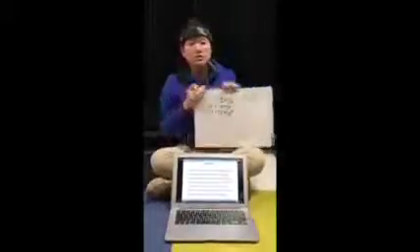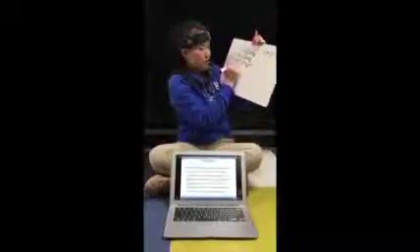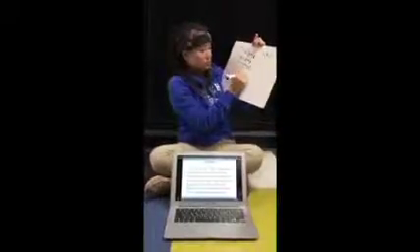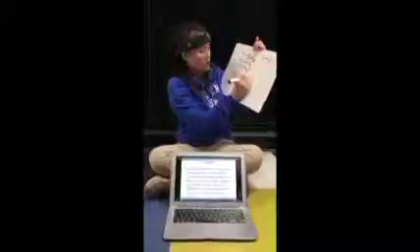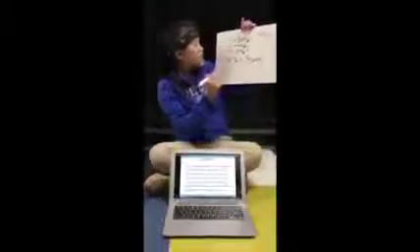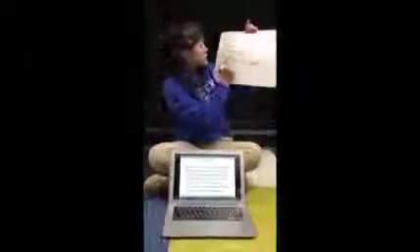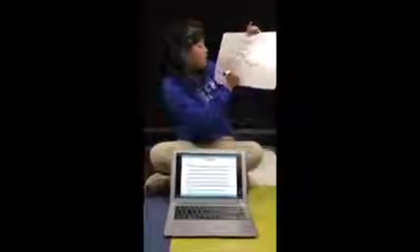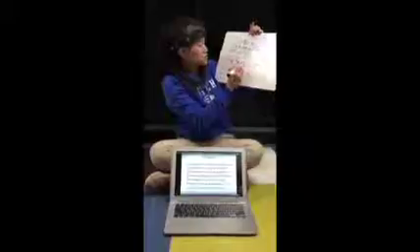In this problem, we have to use the formula VF squared equals VI squared plus 2ax. You're given VF as 0, so 0 to the power 2 is 0.